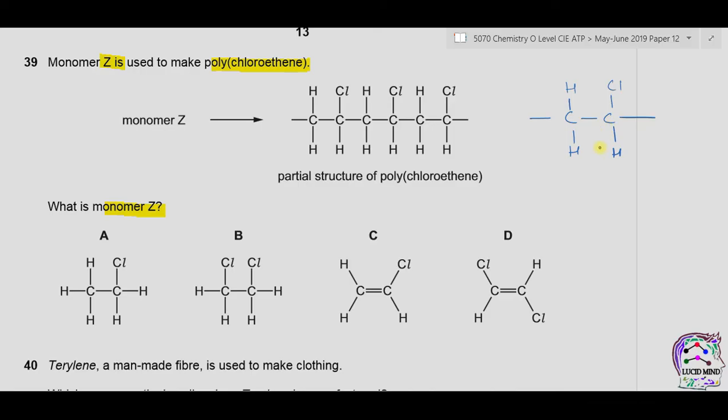Now in order to make the monomer out of it, we have to cross out these bonds and make a new bond between these 2 carbon atoms. So the monomer formed will be like this. What we have done is find the repeat unit and then convert this repeat unit into the monomer. This corresponds to part C, so therefore C is the answer.